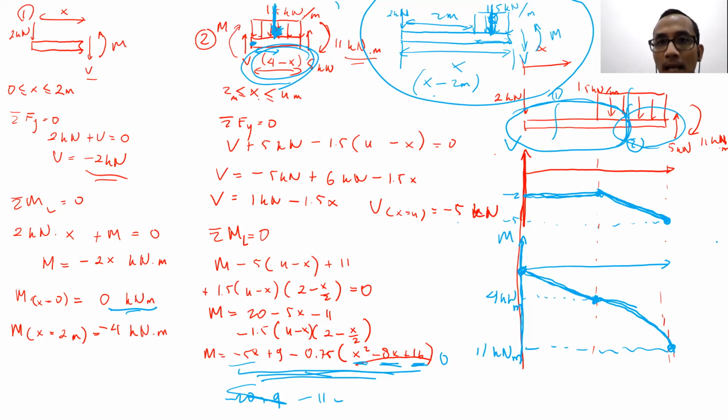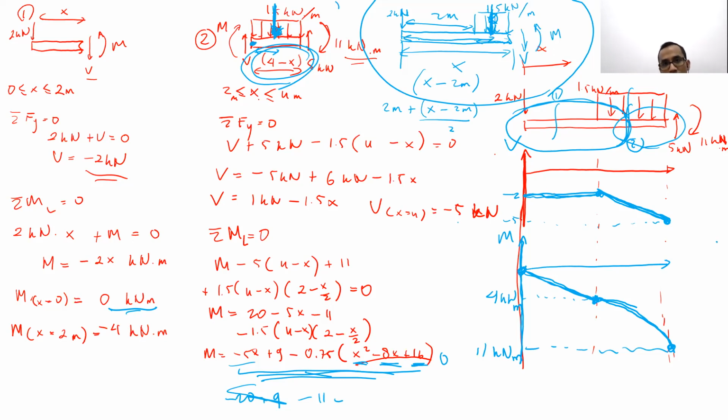Yes, exactly. Okay. And the length there is supposed to be x minus 2 meters, and the centroid is supposed to be 2 meters plus x minus 2 meters divided by 2.